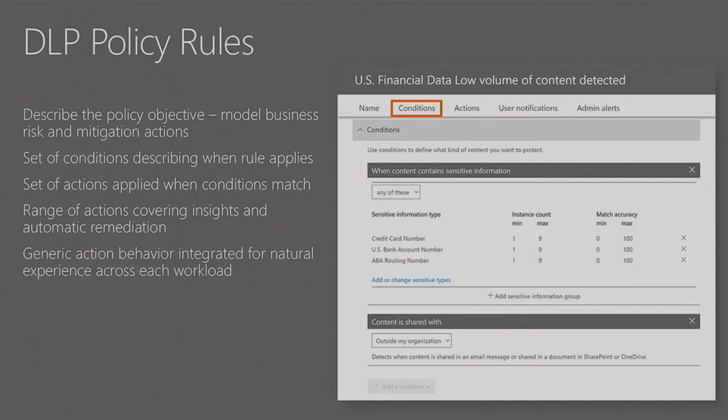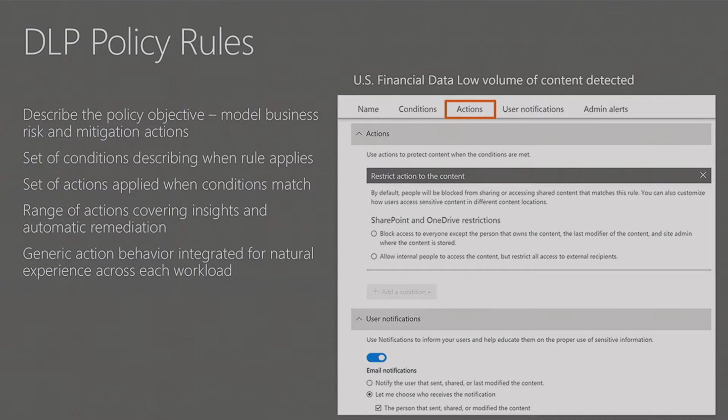And then, in addition to the conditions, we have a set of actions. And the actions basically say, well, when the conditions are true, this is the protection that should be applied. The actions really provide a gamut of different capabilities. Some of them are just simple auditing actions.